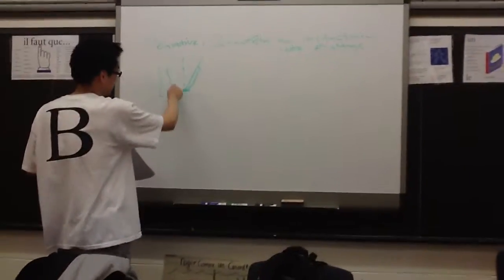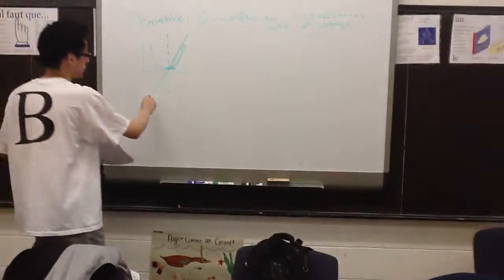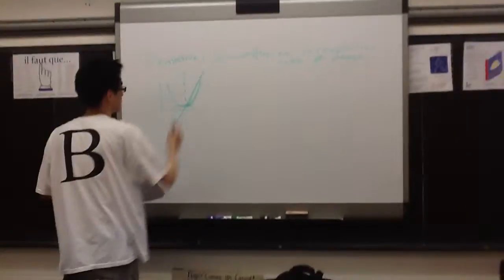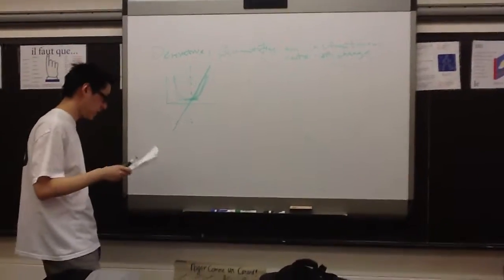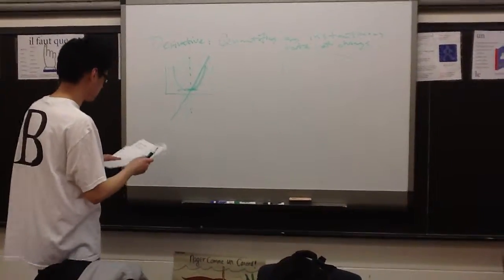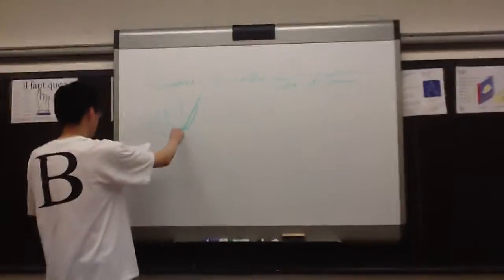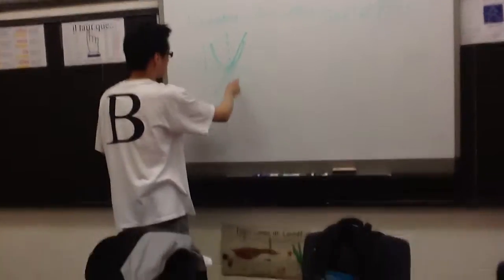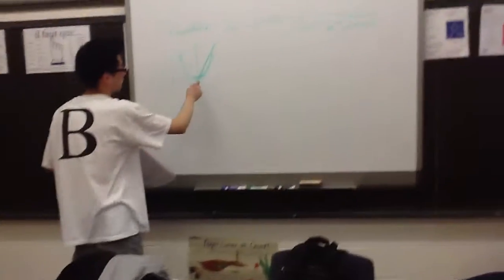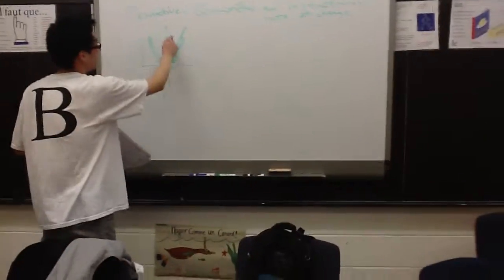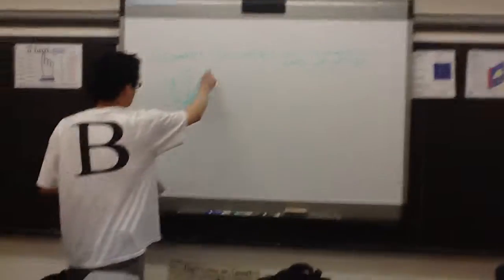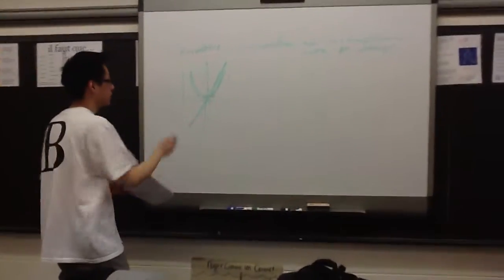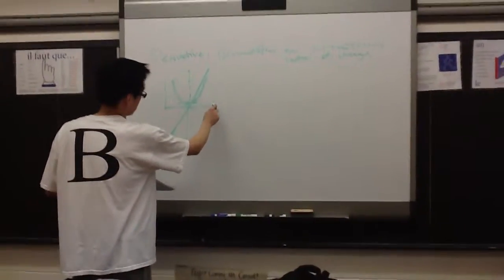And this one is decreasing, but the position still increased. I'm sorry, it's about position. This one is decreasing, so the velocity should be negative. And this is a constant line, so we know that the acceleration is equal to.